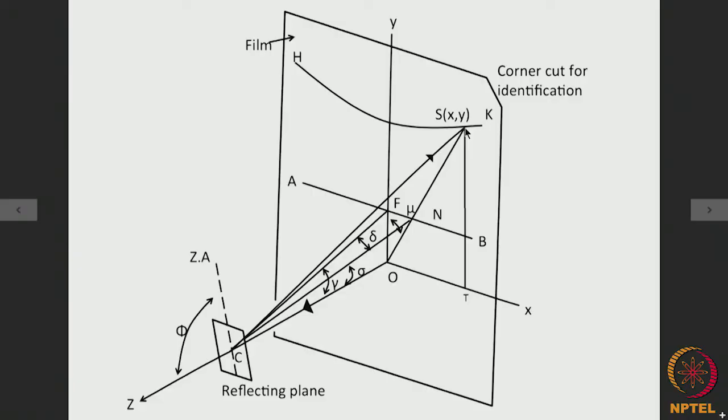Now, if we consider this plane to be rotated around this axis, then by that process all the different orientations of this particular plane belonging to the same zone will be produced, and accordingly the diffraction spots will all appear on this hyperbola.